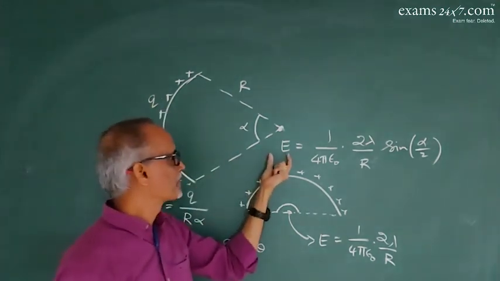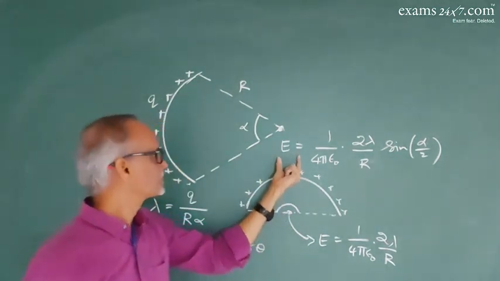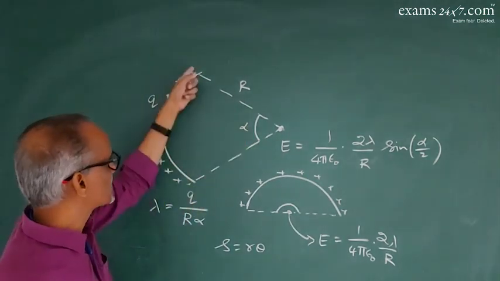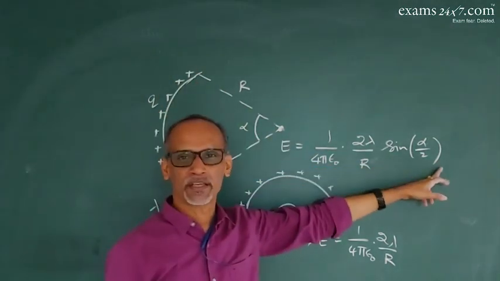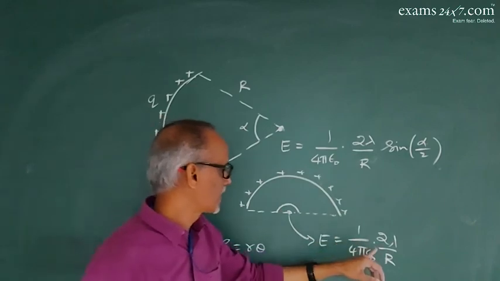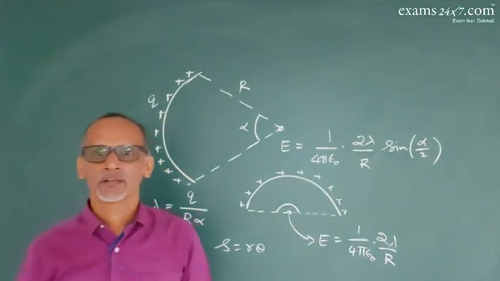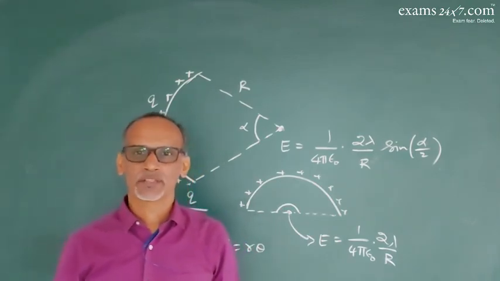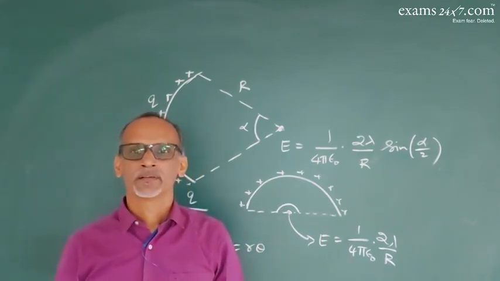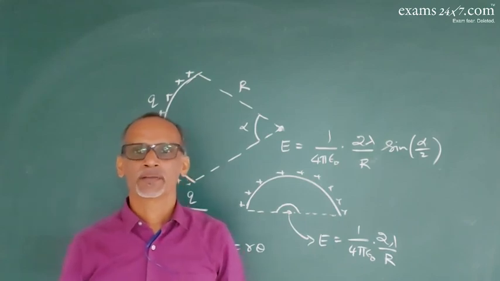And this is the formula for electric field due to this entire arc. And if it is semicircular, then we have a special case where theta becomes 180 degrees. So in one more session, I'm going to explain the remaining concepts related to this particular topic.